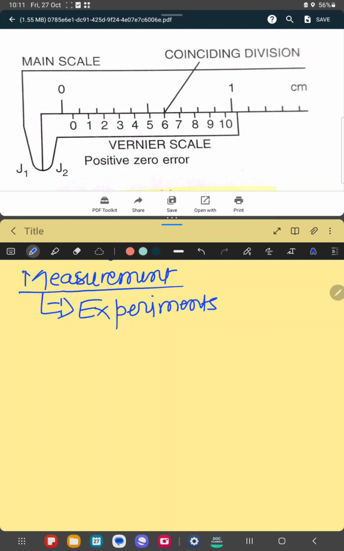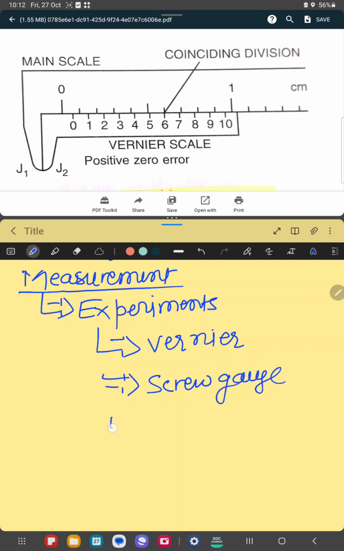Now in experiments, there are a few devices like Vernier calipers, the next device is called a screw gauge, and we can say Ohm's law experiment.